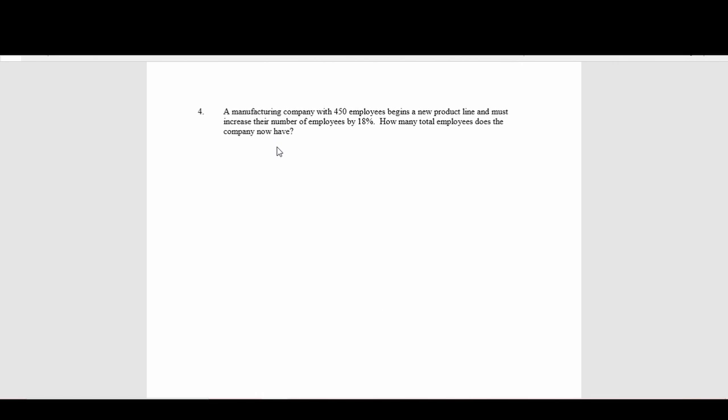All right, number 4 says a manufacturing company with 450 employees begins a new product line and must increase their number of employees by 18%. How many total employees does the company have now? Okay, that's a good question. So again, we know we're dealing with percent change, and that's always final amount minus original amount all over original amount times 100.